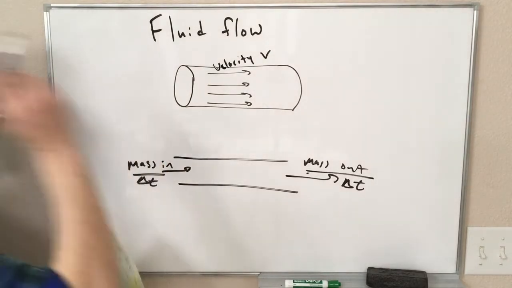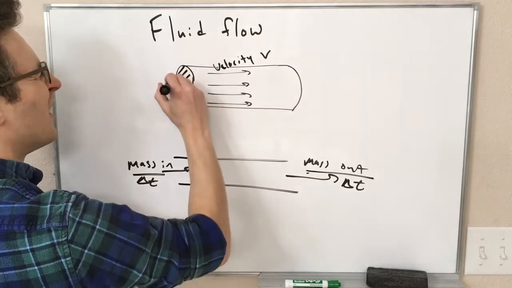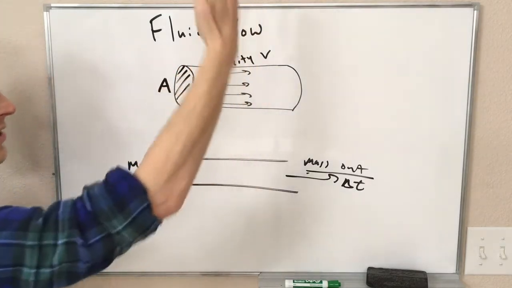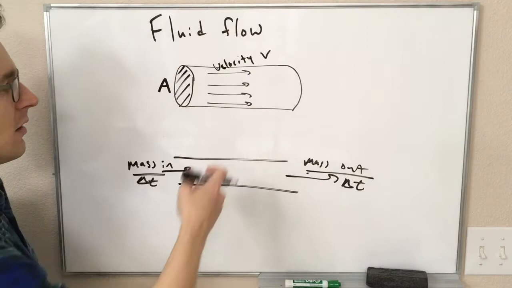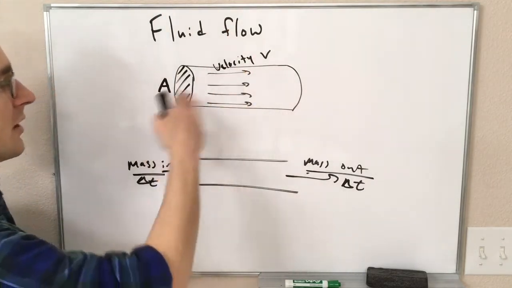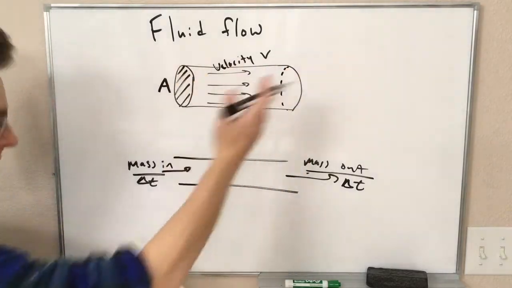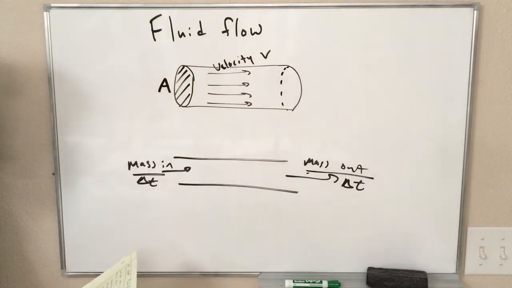So this pipe also has a cross-sectional area A. If you slice through this pipe at any point, you get a perpendicular slice, I should say. You get an area of A, and this pipe is the same area throughout.